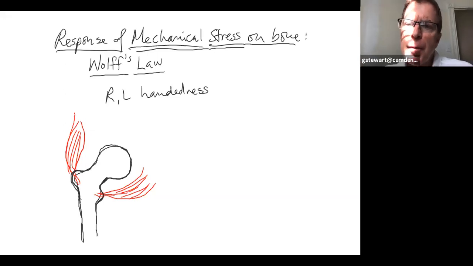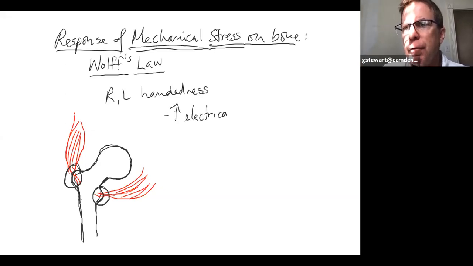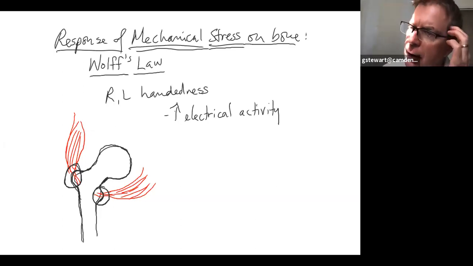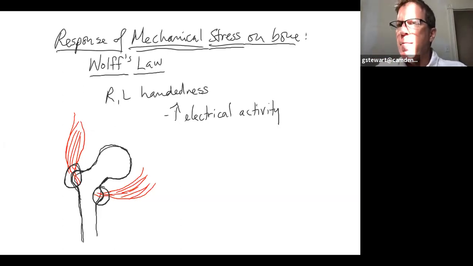Now, on a microscopic level, here's what's going on. When an area of bone tissue is stressed, say from a tendon pulling on it, first there is an increase in electrical activity of the minerals in the tissue. When we stress a bone, it energizes electrically the minerals within that bone tissue.